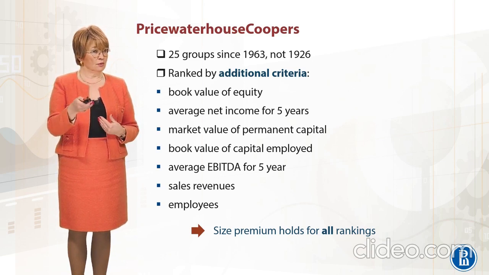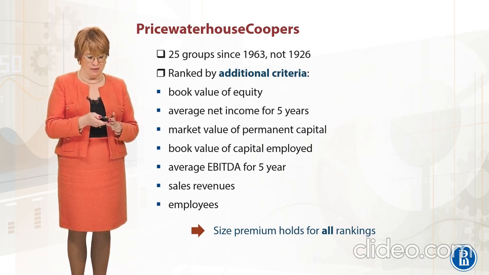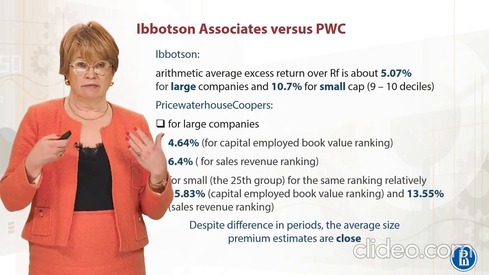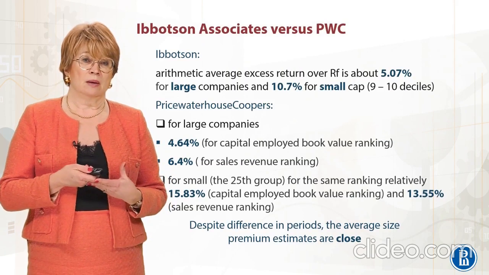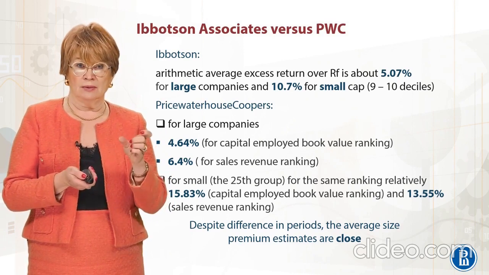And their conclusion is shown here on that slide. The size premium holds for all types of rankings with all types of the criteria, but the value of the size premium when we are applying different types of criteria, of course, is a bit different.